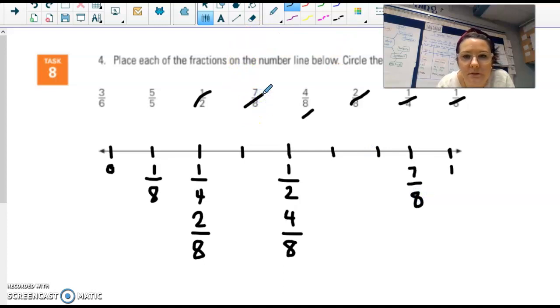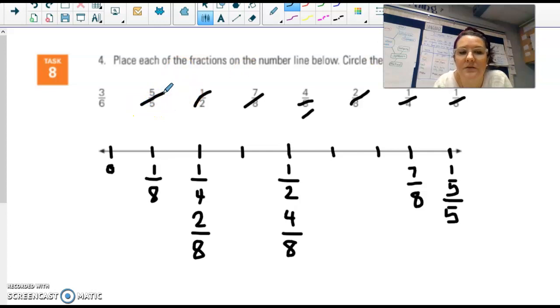All right, so the remaining fractions that we have left, 5/5 and 3/6. Now 5/5 I know is equal to 1 whole, 5 out of 5. That is 1 whole. If I have a brownie and I divide it into 5 equal parts and I eat all 5/5, I would have eaten 1 whole brownie. What about 3/6?